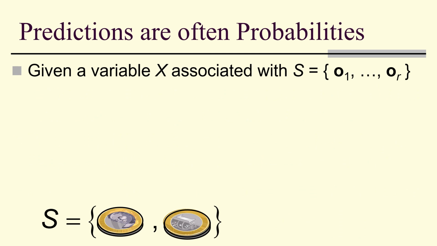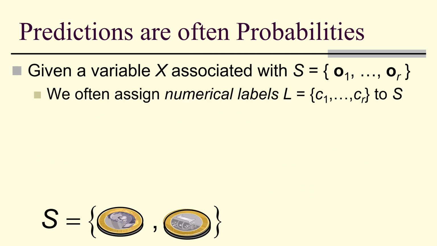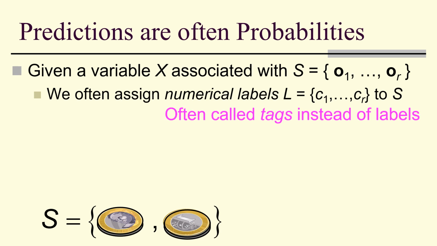Now, given a variable x associated with a set S, we often assign numerical labels L equals C1 to CR to the outcomes or objects in S. Often these are called tags instead of labels. For example, we might say heads is 1 and tails is 0.